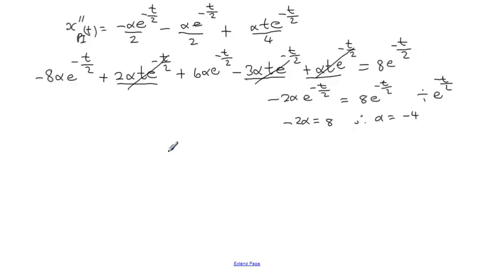So then we've got our particular integral x_p(t) equals minus 4 t e to the power minus t over 2.